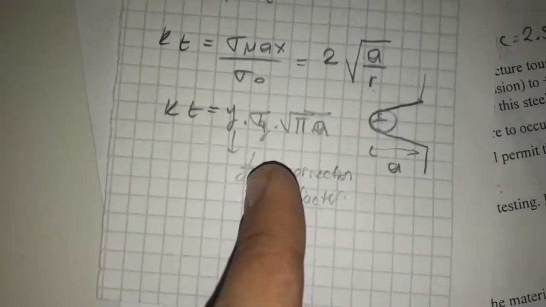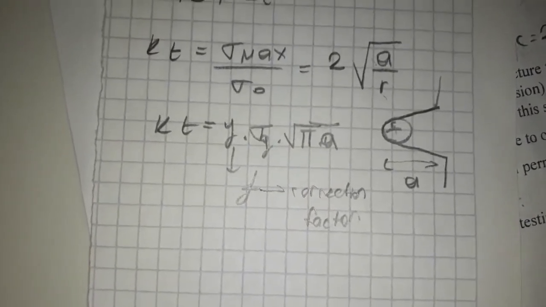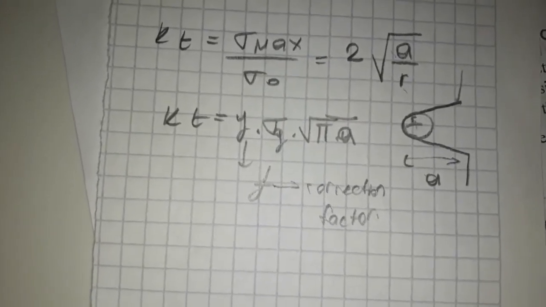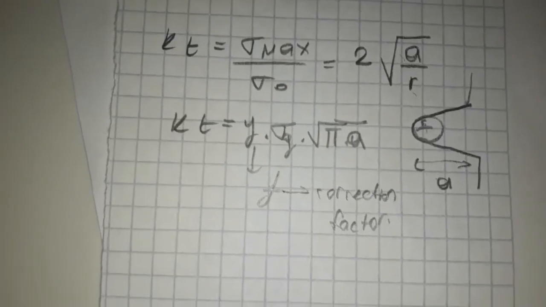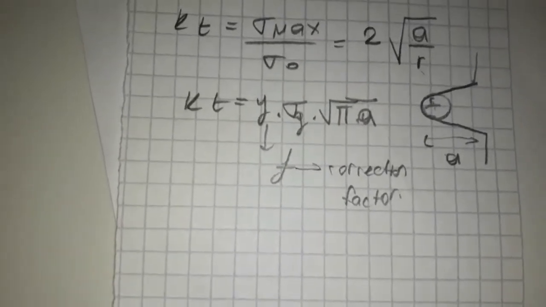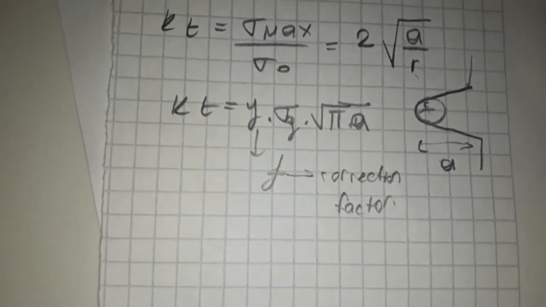Sigma G is the stress amplitude, which is maximum stress minus minimum stress over 2. We also have mean stress, which is maximum stress plus minimum stress over 2, and we're going to talk about that later on.